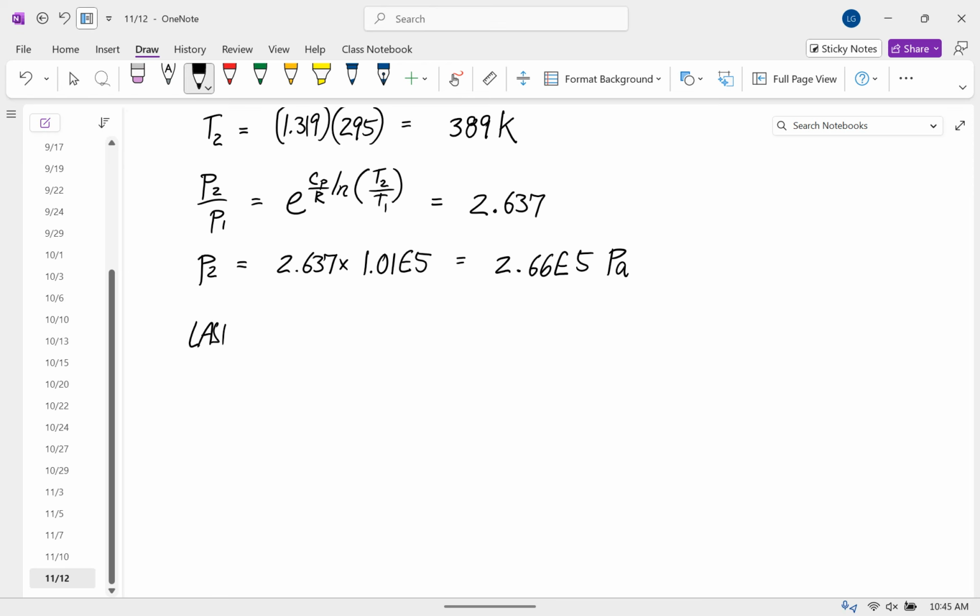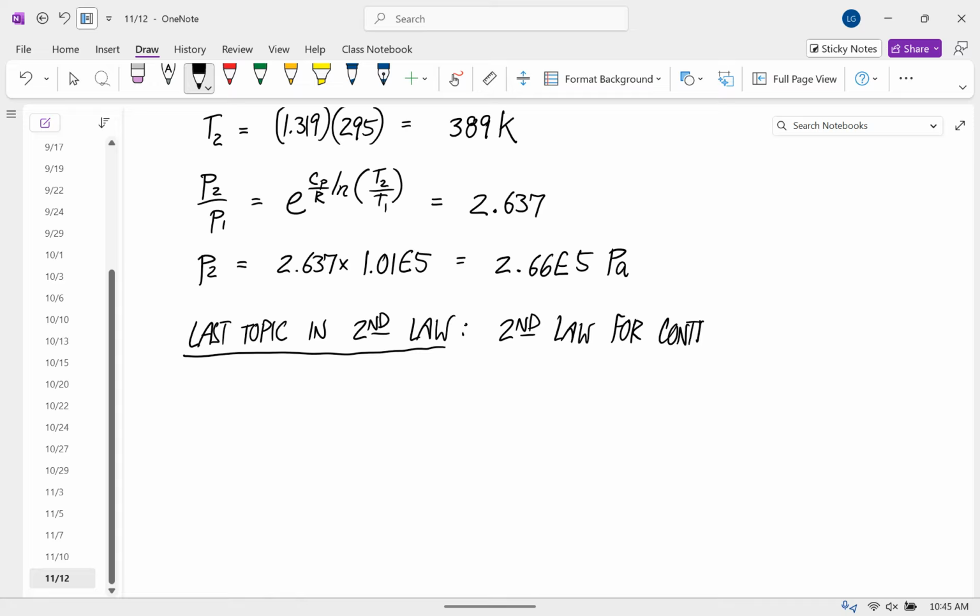So the last topic in the second law of thermodynamics is the second law for control volumes. And it's going to come from the fact, so we've seen this before.